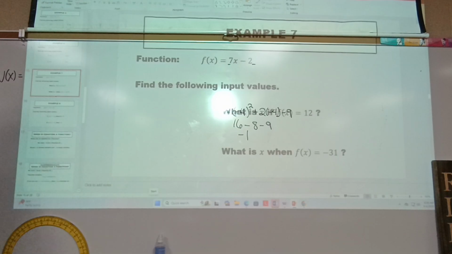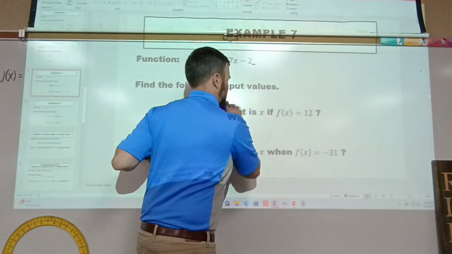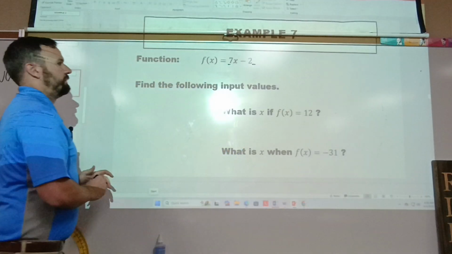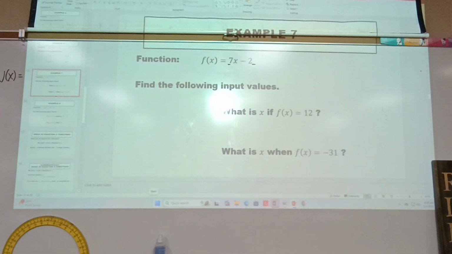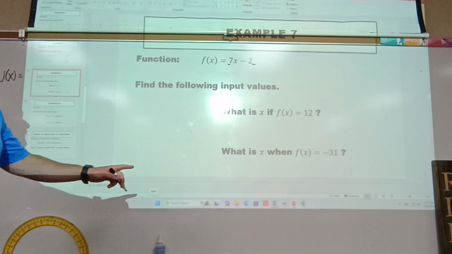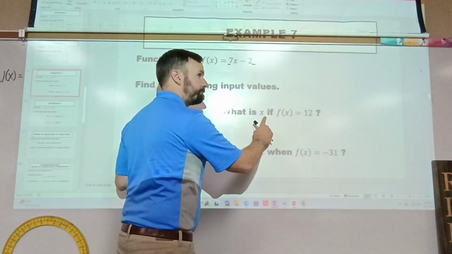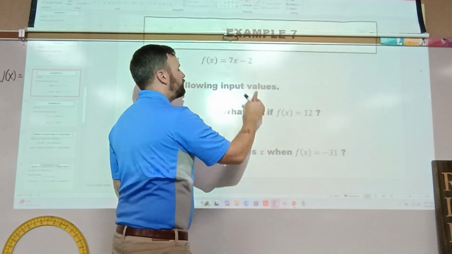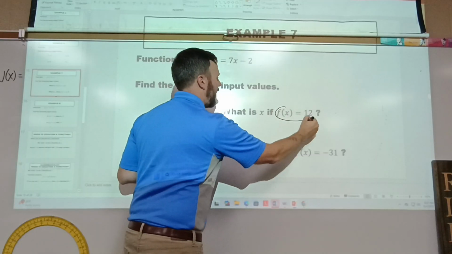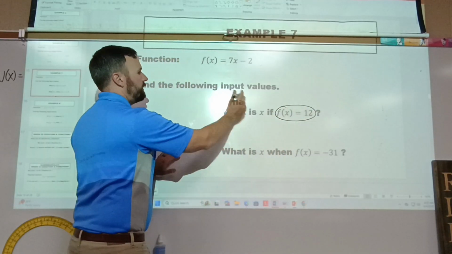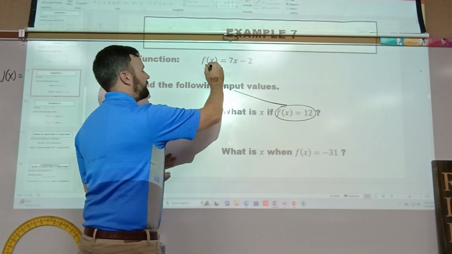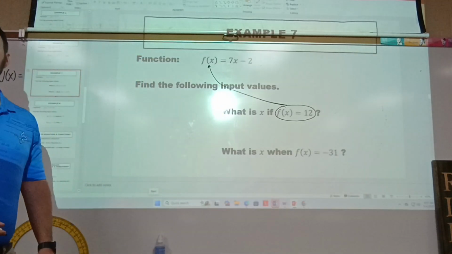What if I change this question now? What is x if f of x is 12? So what am I looking for on this one? X. What do I have? I know what f of x is. So I can take this and plug it in for f of x, right?